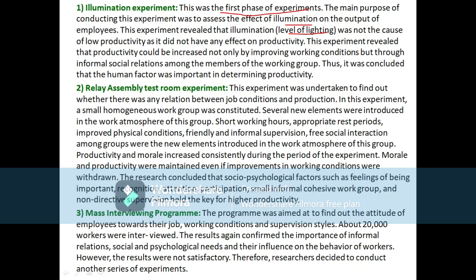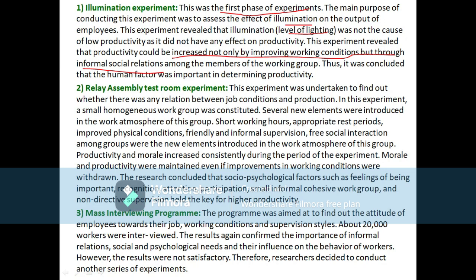This experiment revealed that productivity could be increased not only by improving working conditions but through informal social relations among the members of the working group. Thus, it was concluded that the human factor was important in determining productivity.